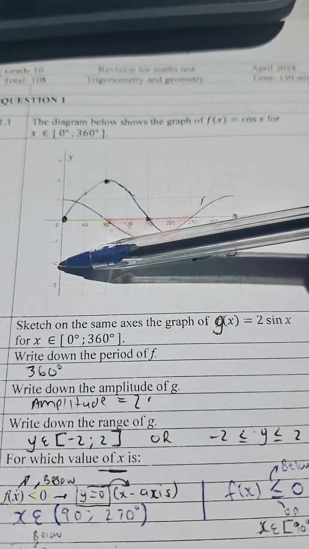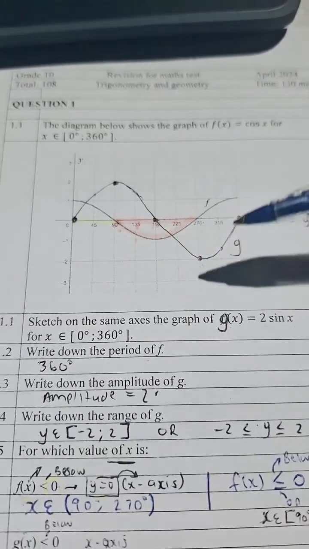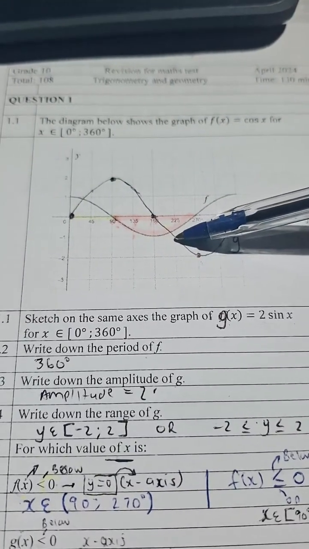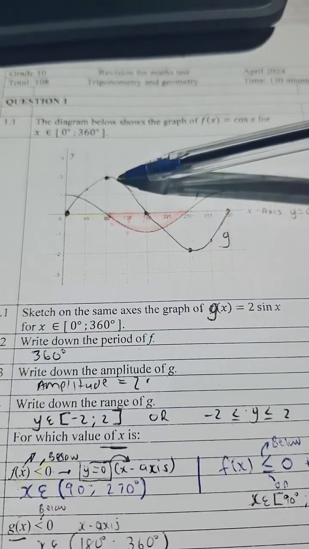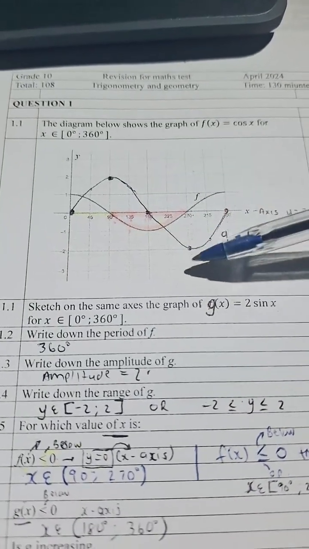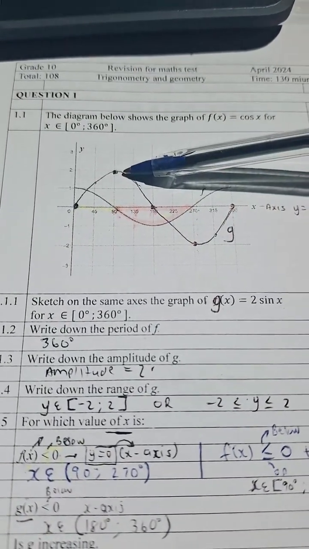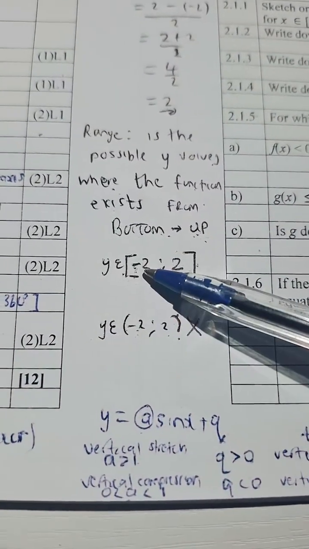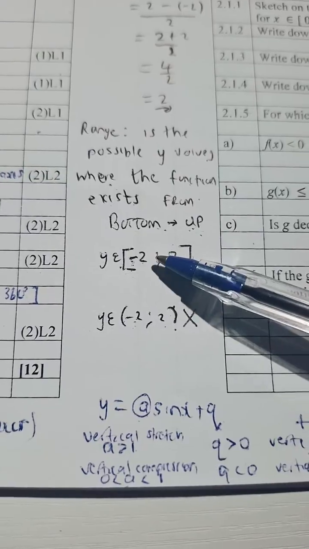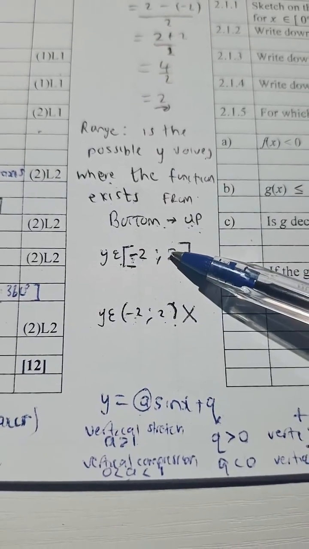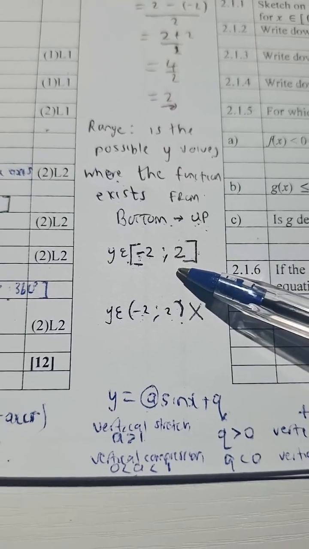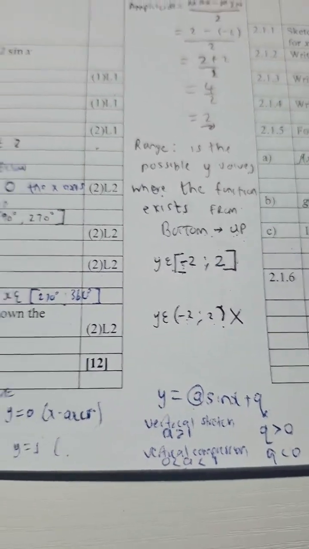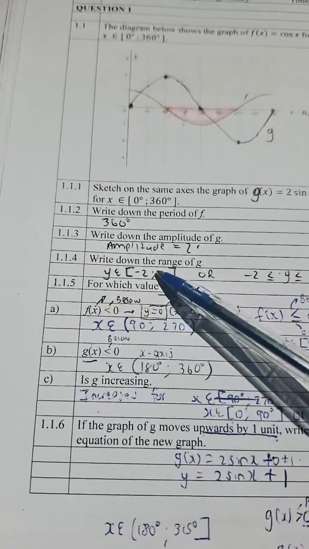So the y values where the function exists is from negative 2, existing all the way to the top. So from the lowest to the top, it is y is an element from negative 2, then this semicolon just means to 2. So it's negative 2 to 2. And then we close the bracket, you see? So that's the range of this function.